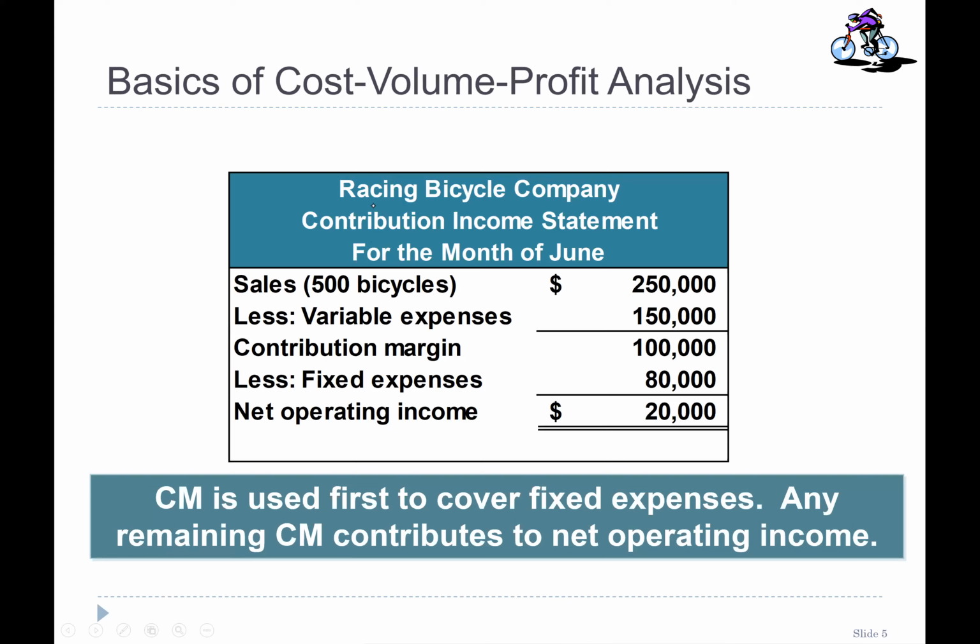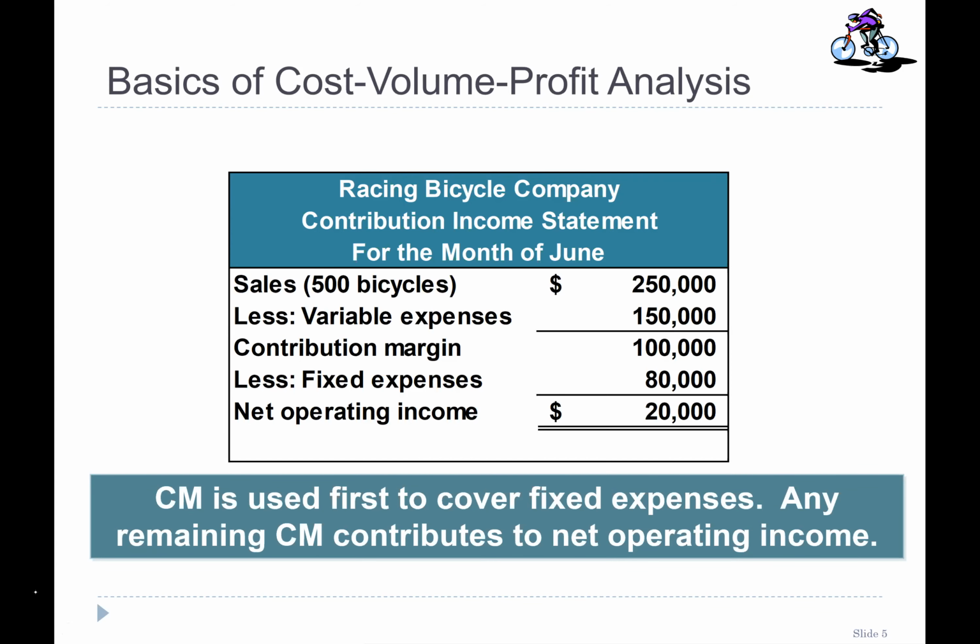So if you see here, in the income statement, sales less variable expenses is the contribution margin. So another definition of contribution margin is that after covering fixed cost, if you see the fixed cost is 80,000, whatever is left will directly go to operating income.